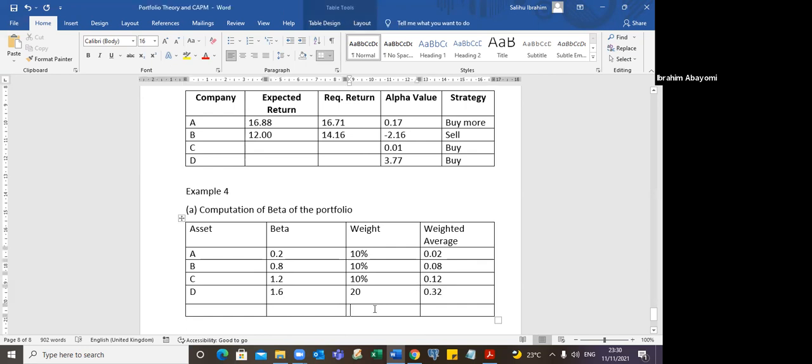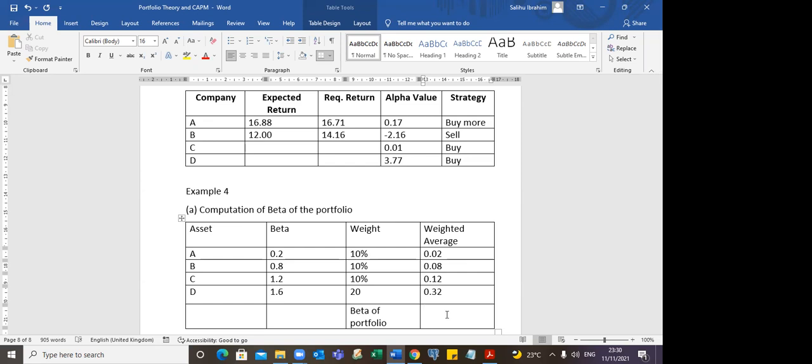So, beta of portfolio is the sum of all these weighted averages. So sum everything together, what do we have? Okay, wait. We have one that we have not added there.